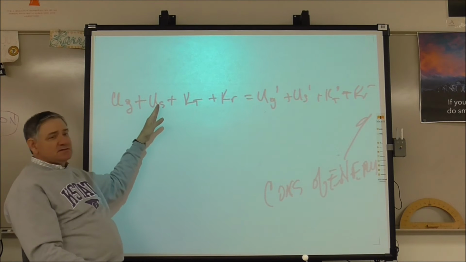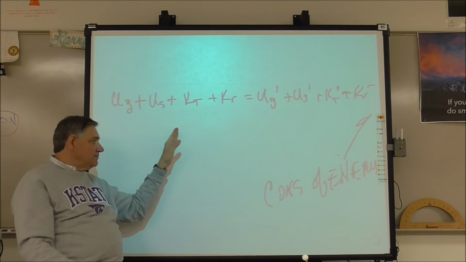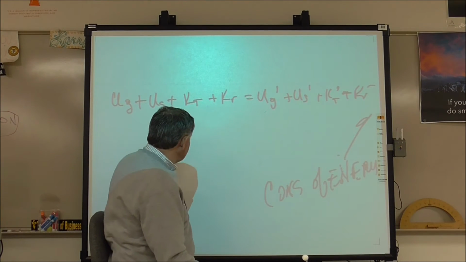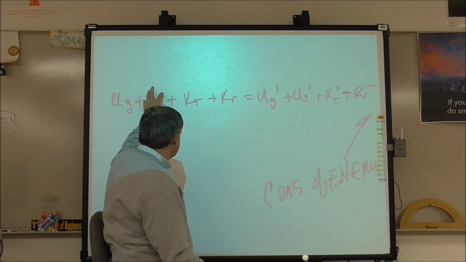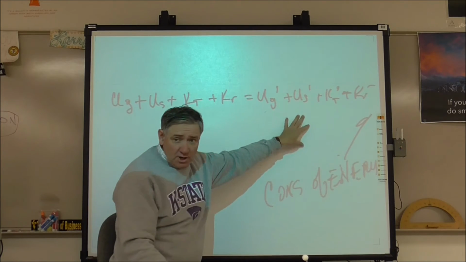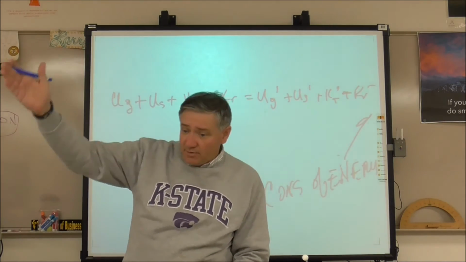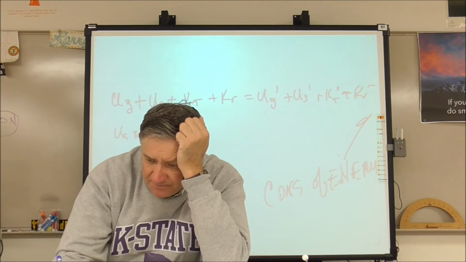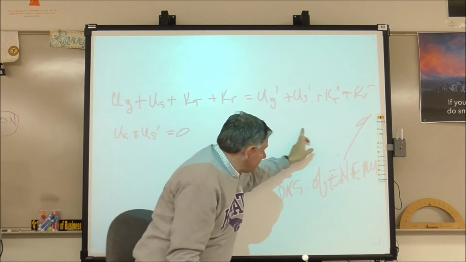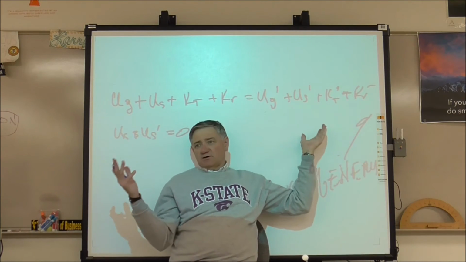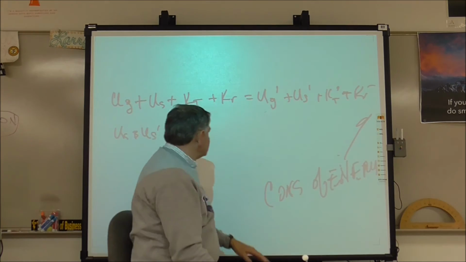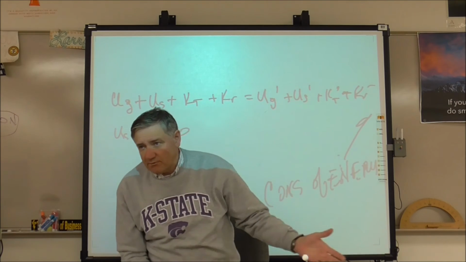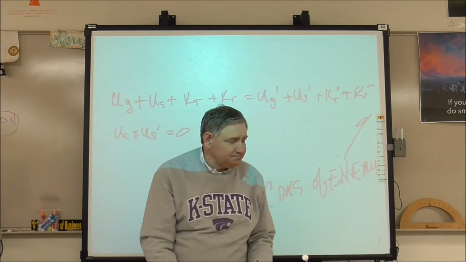US is 0 because there are no springs, and the same thing over here is US prime. So on your next line, you can say US and US prime will drop out, and over on the right, say they're equal to 0 because there are no springs. You can see KR and KR prime equal 0. It's not rotating, so we don't have to worry about that.